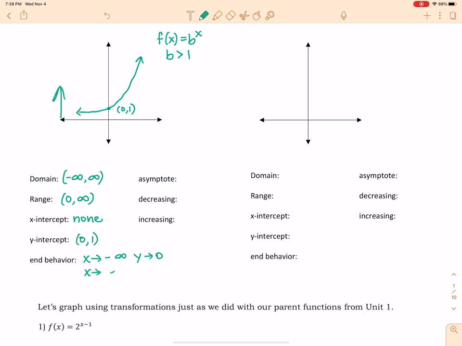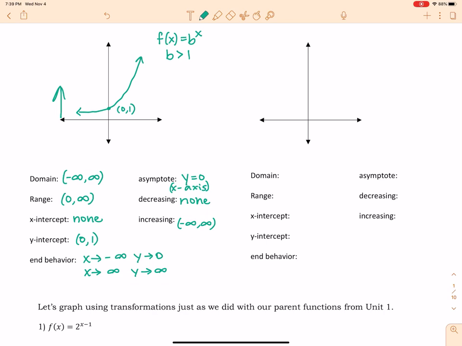And as x approaches positive infinity, y is going to approach positive infinity. We do have an asymptote at y equals 0. That is the x-axis. We are not decreasing at all from left to right, but we are increasing from negative infinity to positive infinity. We're increasing steadily the whole time.